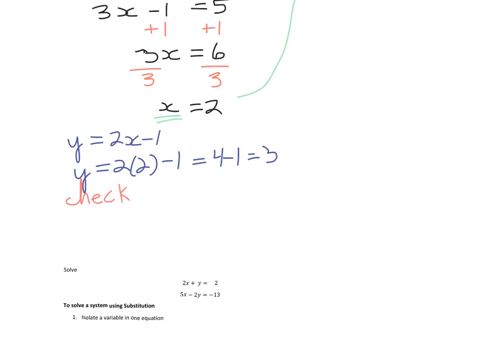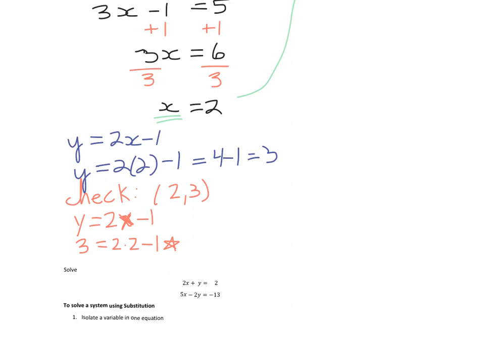We check our work by making sure that the ordered pair (2, 3) works in both equations. So first we have y equals 2x minus 1. And this is the equation we used to find y, so we kind of already know it's right, but 3 is equal to 2 times 2 minus 1.